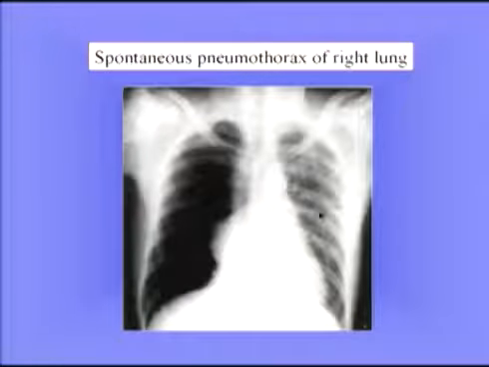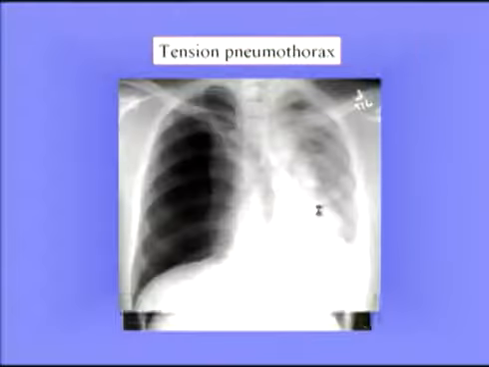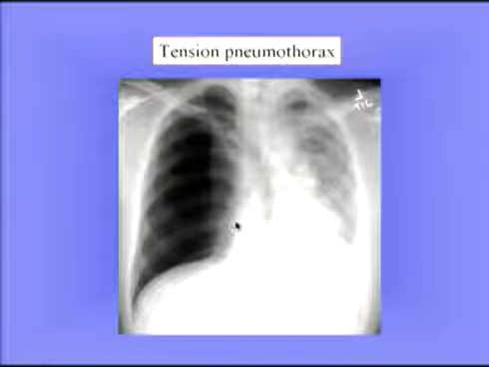more oblique. Sometimes you can get what's called a tension pneumothorax, and here you have a check valve which allows air to get into the pneumothorax during inspiration, but it can't get out. And you gradually develop a pneumothorax with a high pressure. And this is a potentially very dangerous situation. You get displacement of the mediastinum, and I can just see the trachea here, which has been displaced to the left.